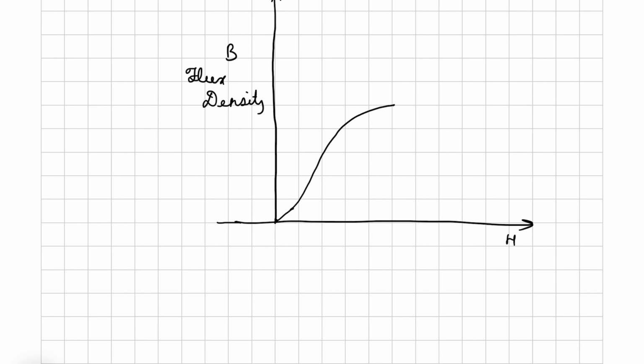So let's say we reach a saturation point A. Now once you start reducing the magnetic field, instead of coming back to the origin, let's say this point is B. So when the magnetizing field is 0, the flux density or the inductance doesn't become 0. So this is called retentivity.